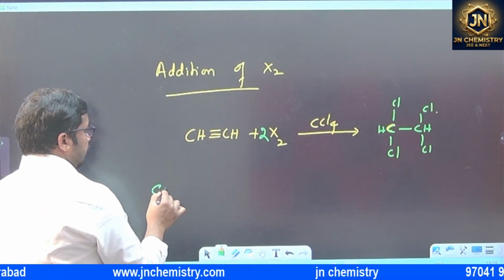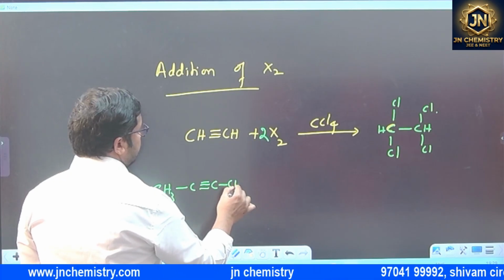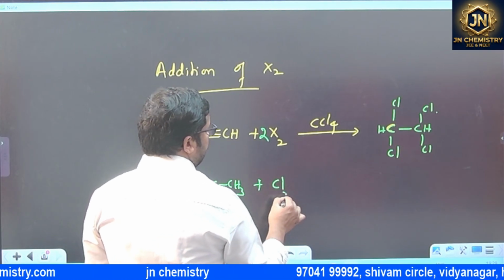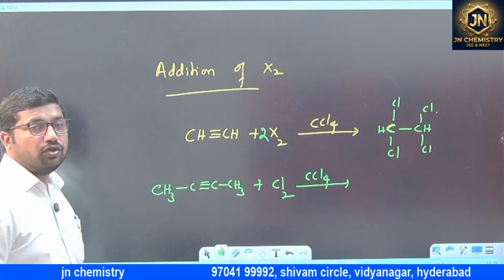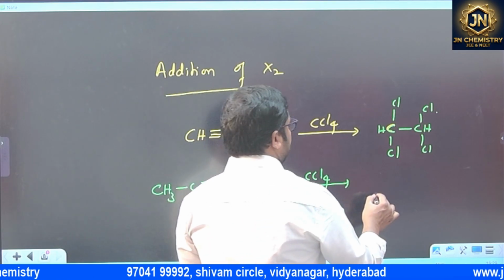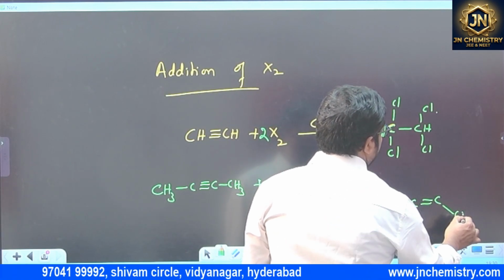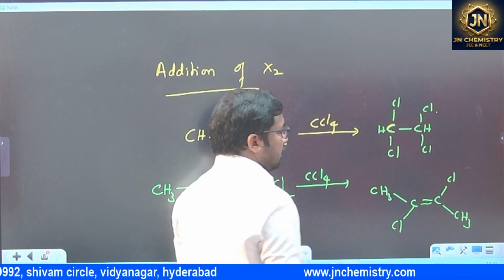For example, CH3-C≡C-CH3. If you are using only 1 mole of chlorine, we'll get the trans product. Come on, write it down.